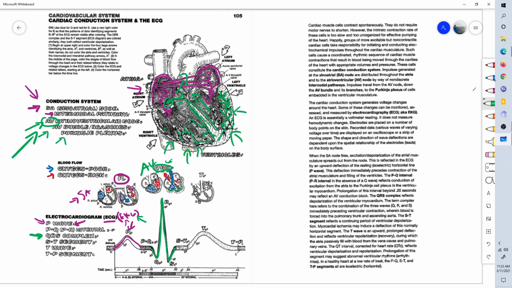And finally, the T wave. When these ventricles relax after contracting, they let go and they relax, and the atria fill up again. So the ventricles are allowed to finally relax after making their big push.